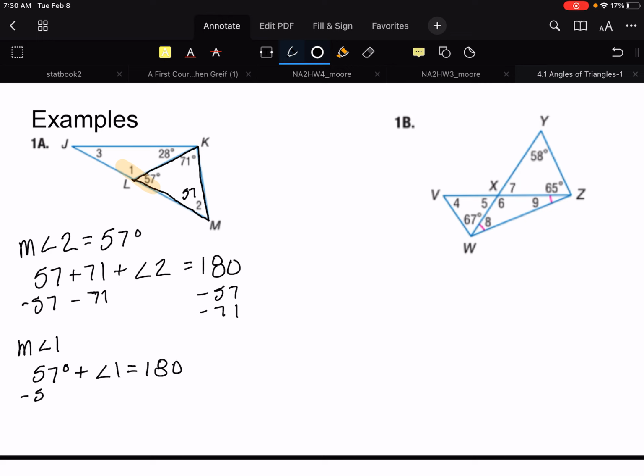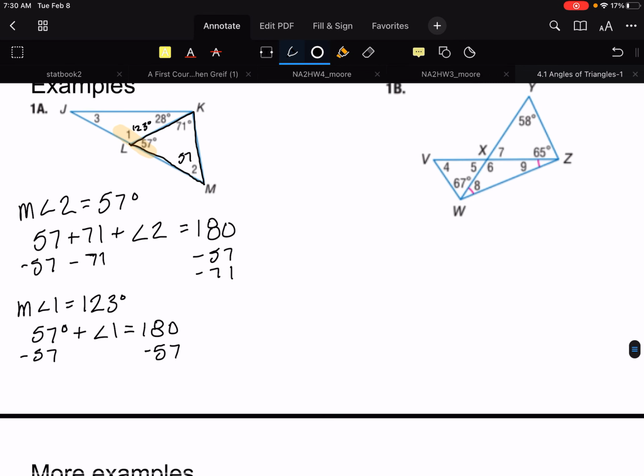Again, subtract off that 57, and you're going to get that angle 1 is 123. Which means that we can finally find that last angle, angle 3.